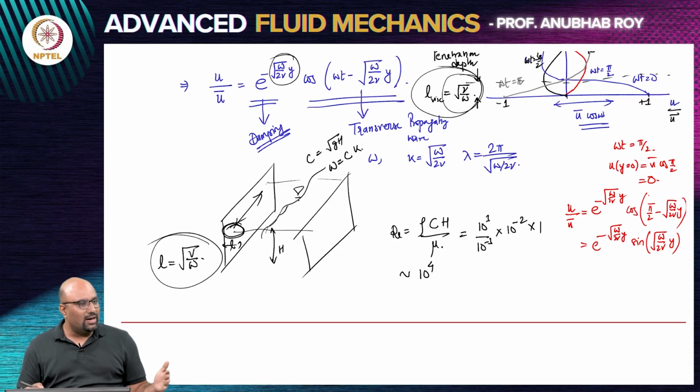So the side wall damping, you can measure the amount that it is actually affecting by this penetration depth. So this oscillatory flow example is useful in many settings where you are trying to quantify how much viscous diffusion is occurring in a problem.